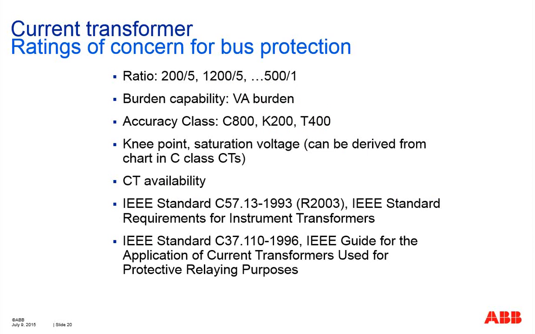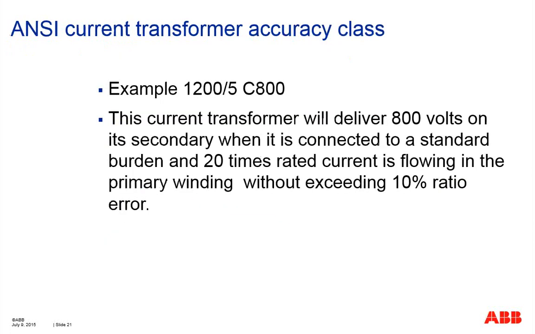We have our accuracy class with C. A C class CT means that you can determine your CT knee point saturation voltage directly from the excitation voltage and excitation current curve, by interpolating or extrapolating from the curve. The standards for the CT are C57.13, and one is a guide for application, one is basically the standard. So what does it say about the CT?